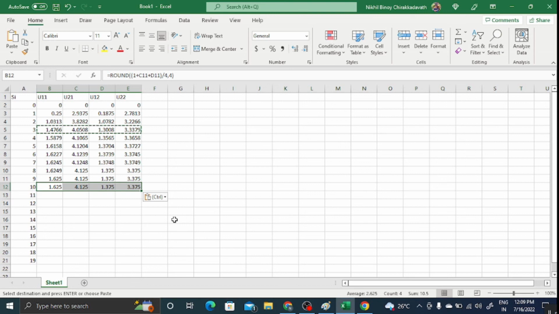So there is no need to discuss the advantages and disadvantages of Gauss-Seidel method and Jacobi method. I'm just saying that Gauss-Seidel method is the superior one compared to Jacobi method, based on this problem. Jacobi method is slower, Gauss-Seidel method is the faster one. Okay.